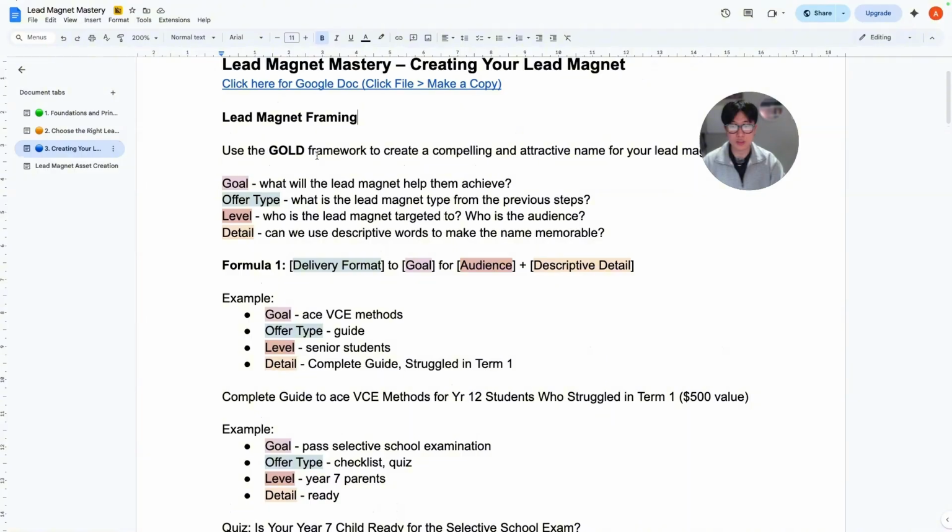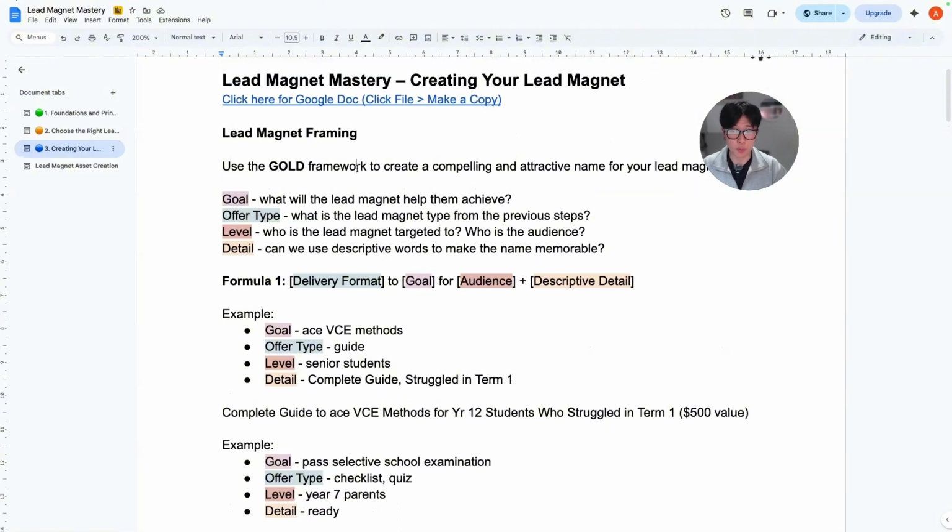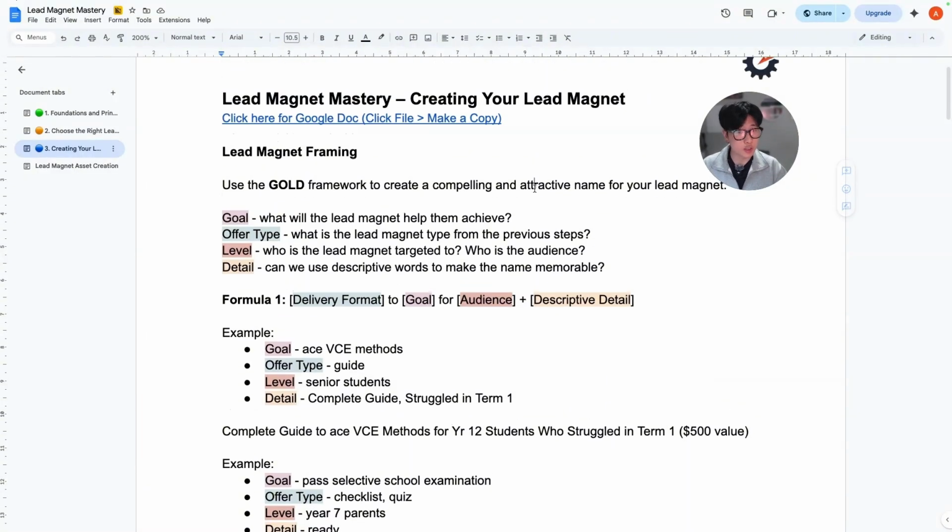Now, we want to use something called the GOLD framework to create a compelling and attractive name for your lead magnet. So what does GOLD stand for? G is for goal, O is for offer type, L is for level, and D is for detail. So the goal, what will the lead magnet help them achieve? You know, what is the outcome, the benefit?